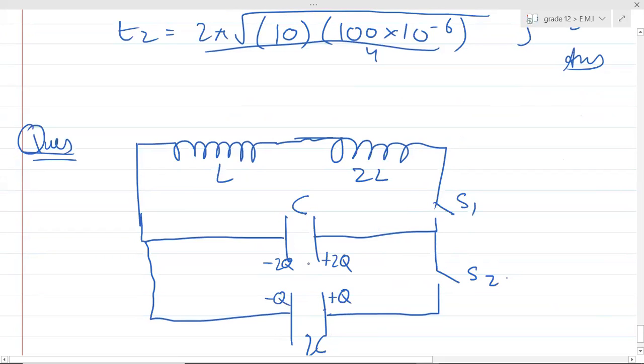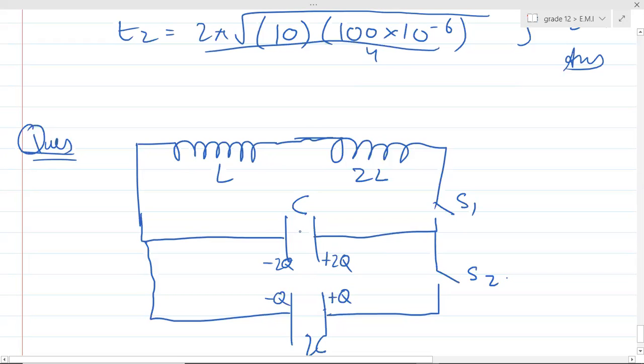So the question is, in the circuit shown in the figure, if switches S1 and S2 are present, find the oscillating frequency of charge in this circuit.